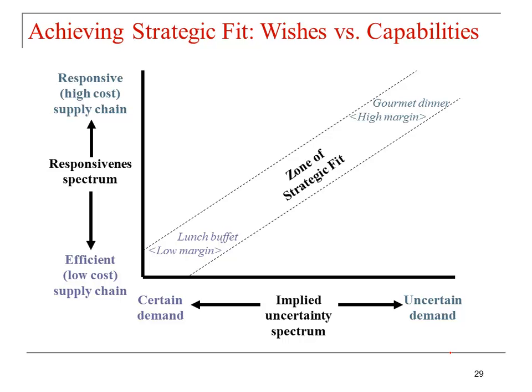That would basically be the lunch buffet, for instance, where you know you're going to have a lot of people if you have a good price, so you can plan for that. If you start a gourmet type of restaurant, you know you're going to have an uncertain demand and a higher cost for your supply chain.